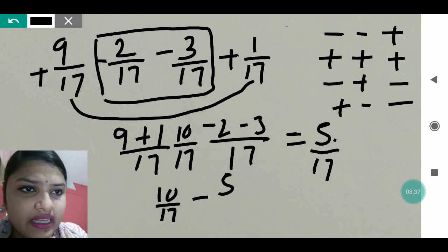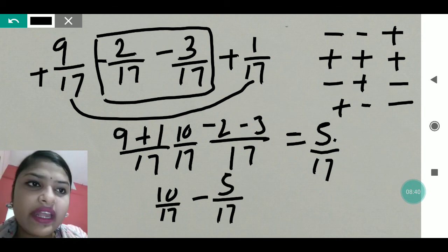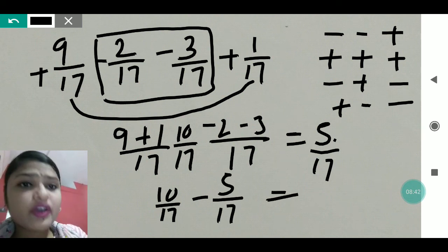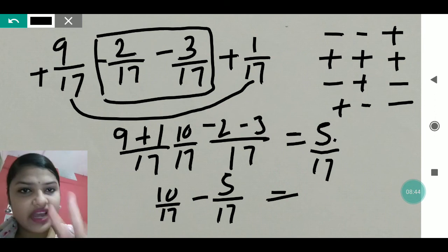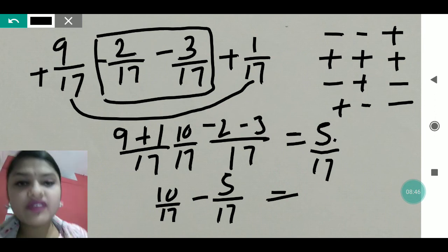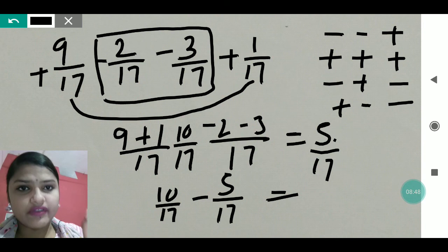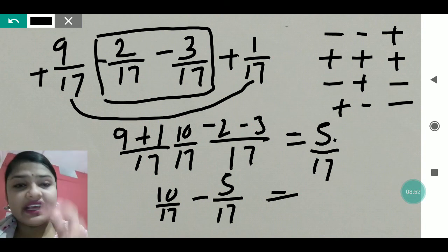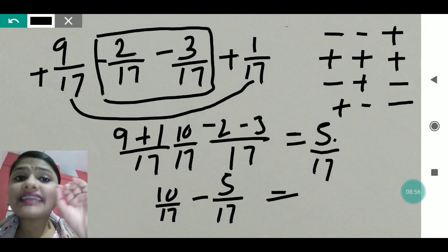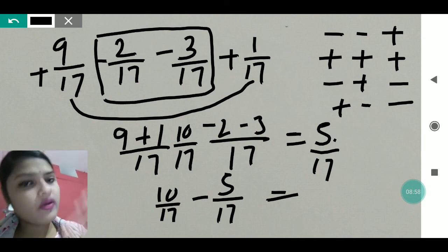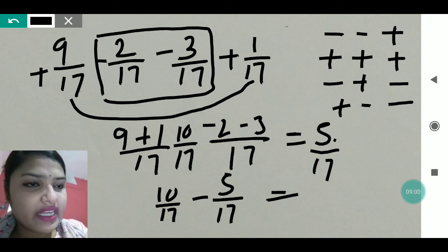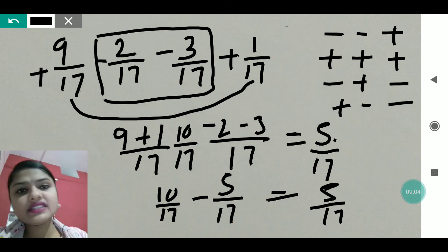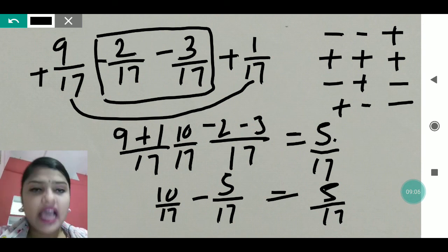When we add two minus numbers, the sign of minus will be given, but it will be added, because same signs are added. Now 10 minus 5 will be 5 by 17. This is the answer. 5 by 17 is the answer.